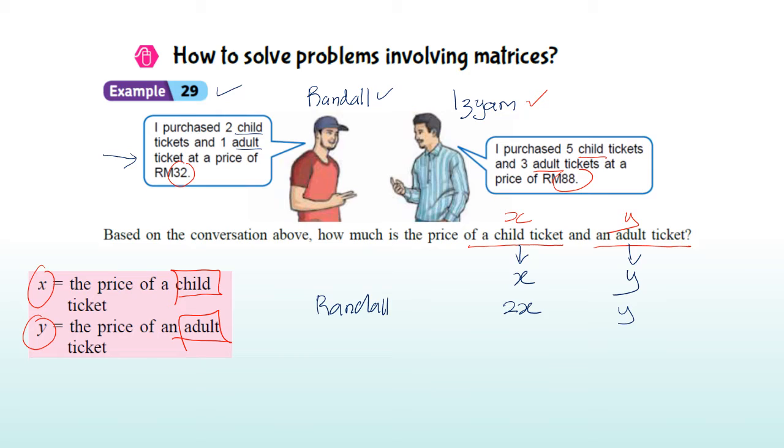So here is the total, it is in RM, it's 32. Okay, let's see Iziam.